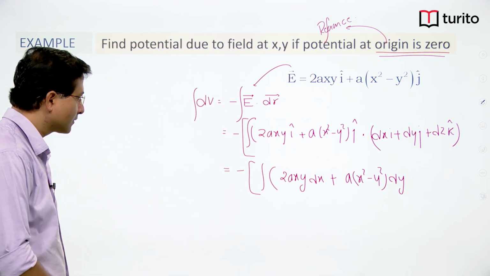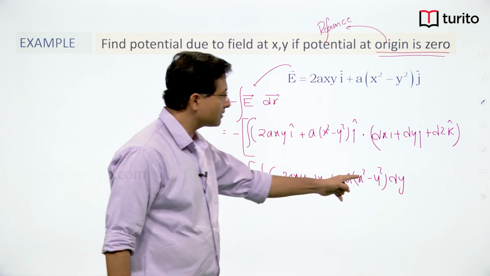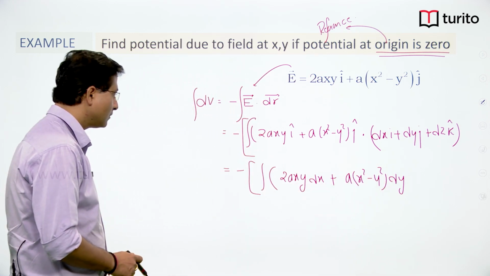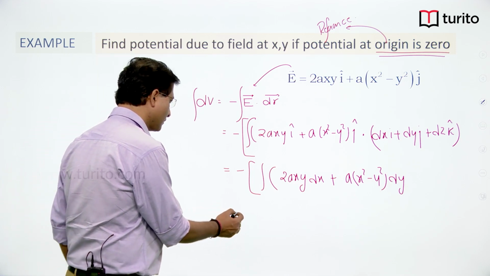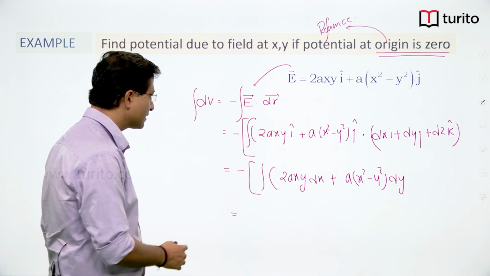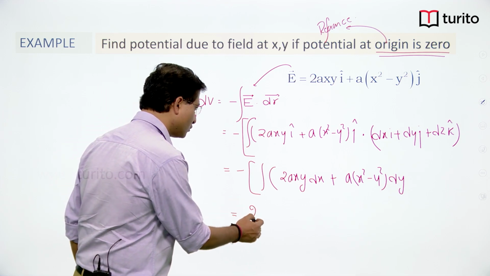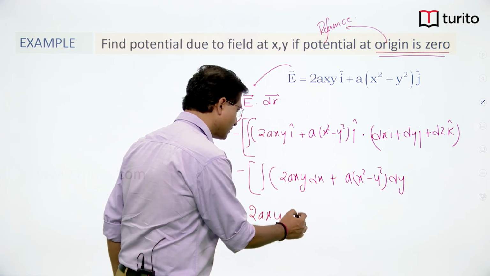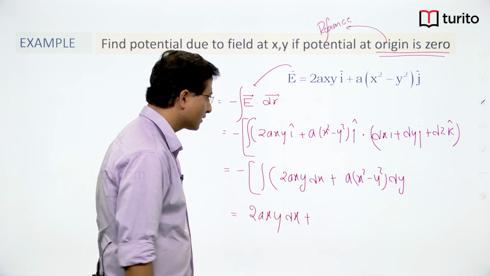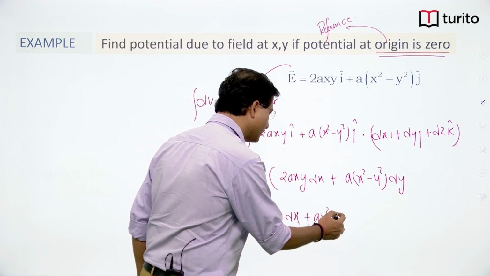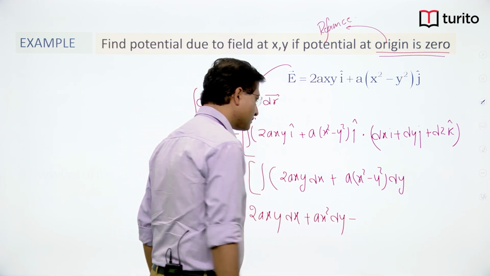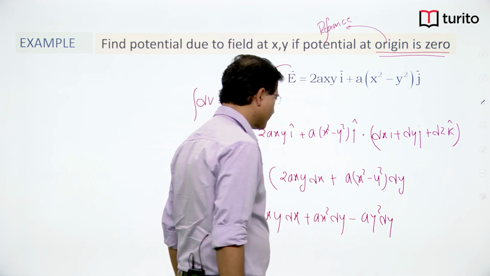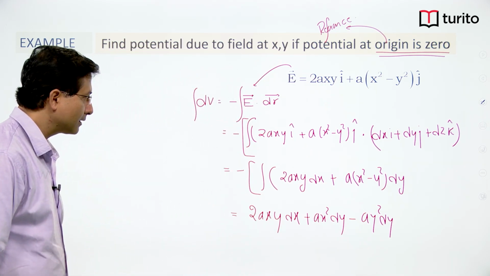So you can see that this term contains only y and I can take this term out and can write this as 2axy dx plus ax square dy minus ay square dy, right.